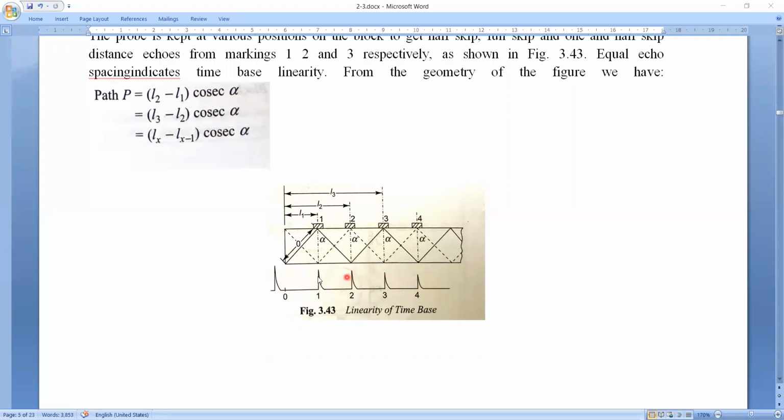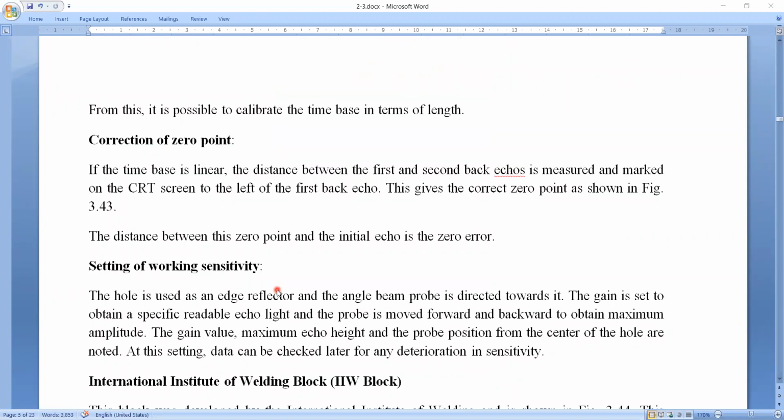This same distance is marked before 1, and that is marked as 0. The beginning echo and the first echo have more distance compared with the first and the second, but for 0 we have to maintain this same distance. So by measuring the distance between these two echoes, we adjust the reference here. The beginning distance is the error, so we take our readings from this reference. This is called correction of the 0 point.